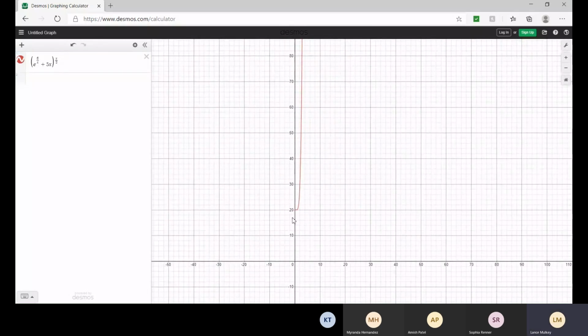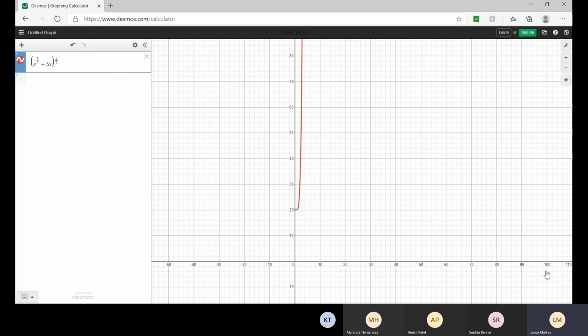And apparently it's approaching 20. e to the 6 over x plus 5x, x divided by 2.